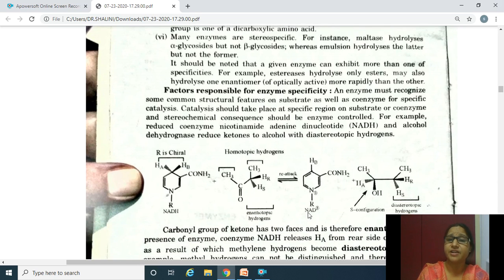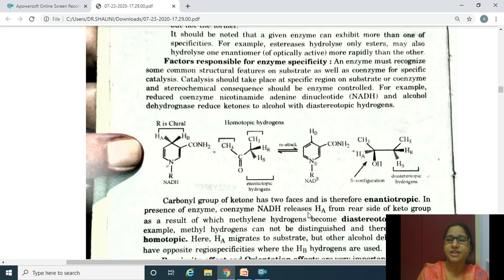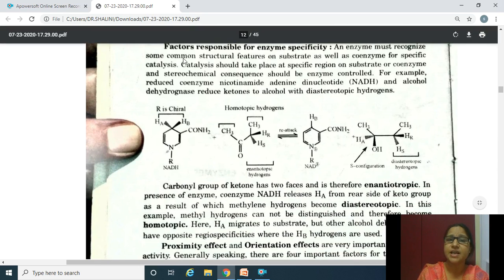An enzyme must recognize some common structural features on the substrate as well as the coenzyme for specific catalysis. Catalysis should take place at a specific region on the substrate or coenzyme, and the stereochemical consequence should be enzyme controlled.